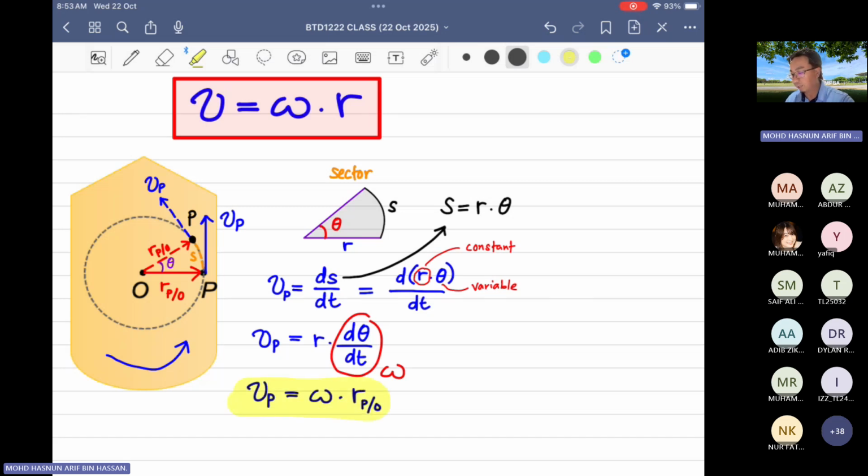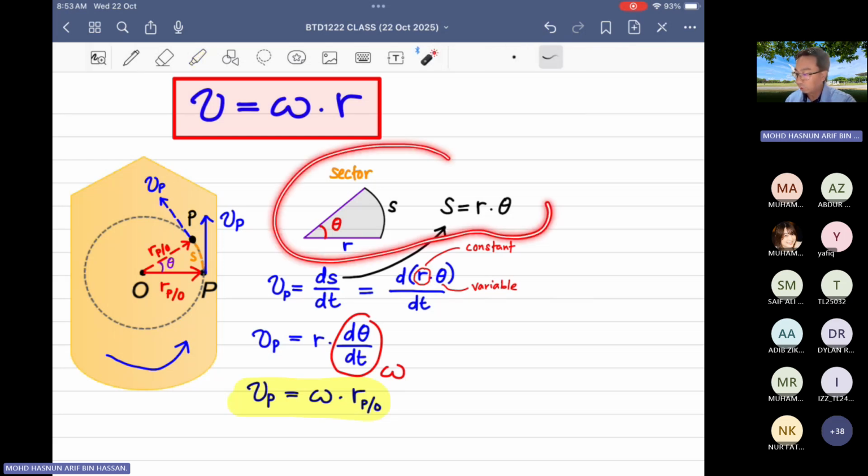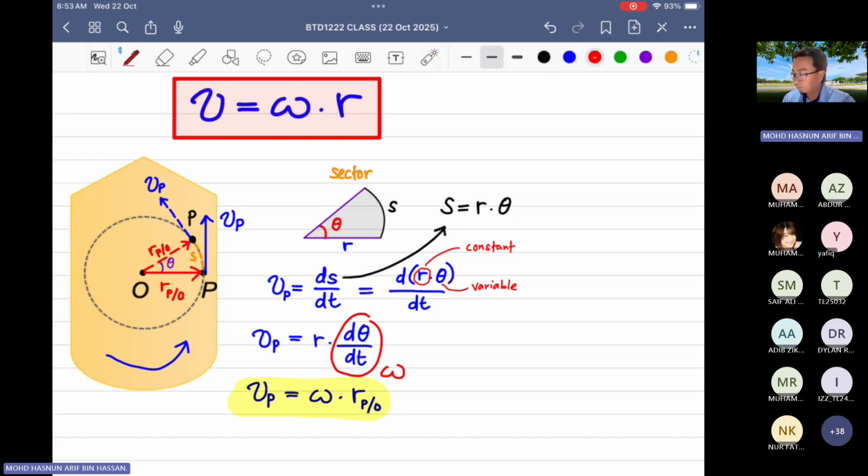So basically using the basic kinematics equation, v equals ds over dt, and also the sector equation where we have s is equal to R times theta, finally we can derive v is equal to omega times R for scalar form.